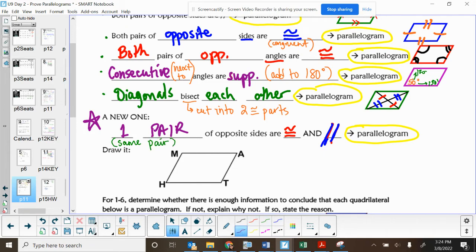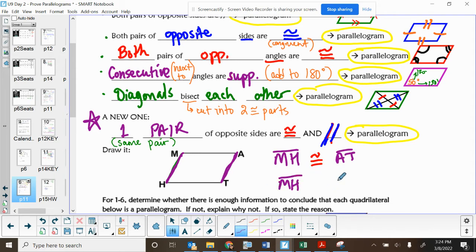So for example, I could choose MH and AT. And I can say segment MH and segment AT are congruent. And then also I will choose the same segments again.